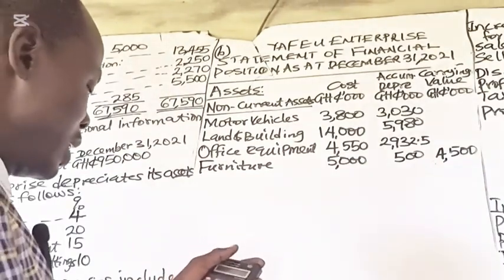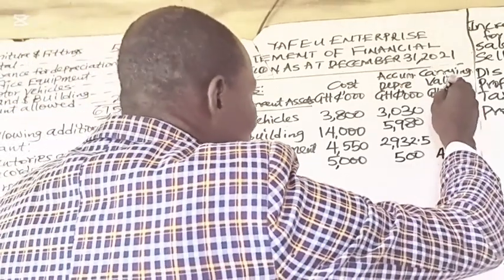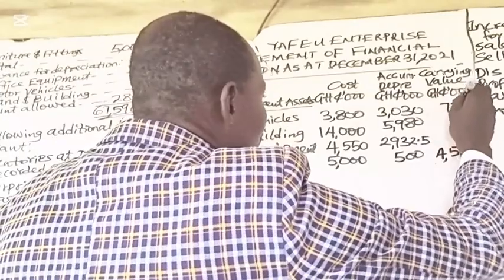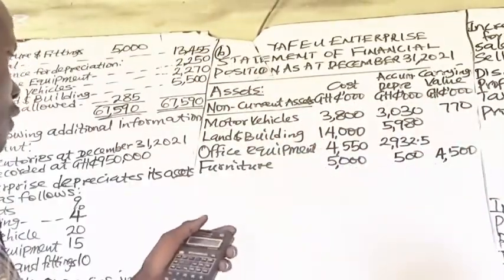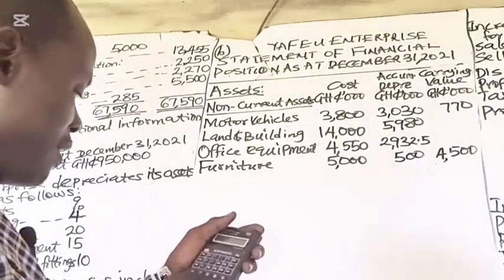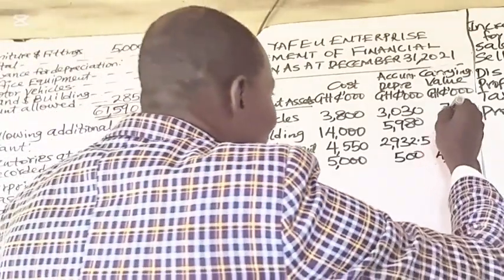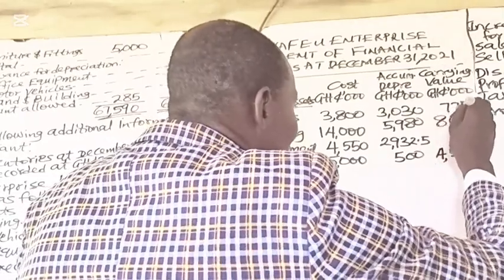3,800 minus 3,030, that gives us 770. That is the carrying value of motor vehicles. For land and building, we have 14,000 minus 5,980, and that gives us 8,020.